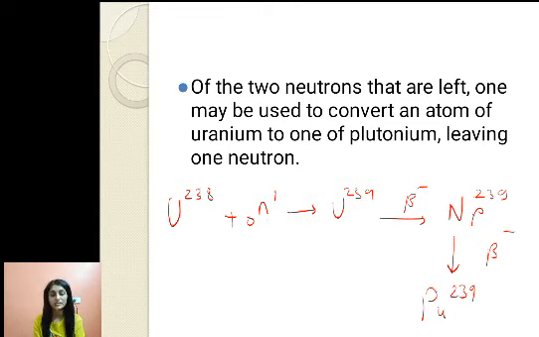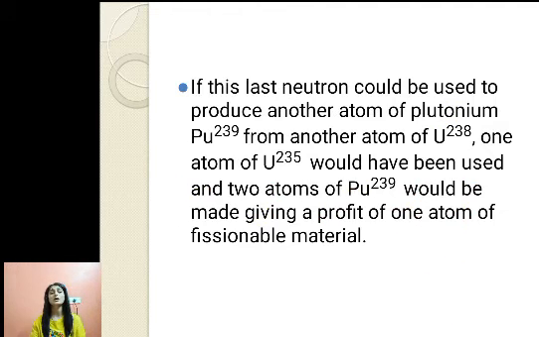This neutron is captured by uranium 238, producing uranium 239 that undergoes beta decay, producing neptunium 239, which undergoes beta decay again and produces plutonium 239. So one neutron we used for continuing the chain reaction of uranium 235, and the second neutron we used to produce plutonium 239.